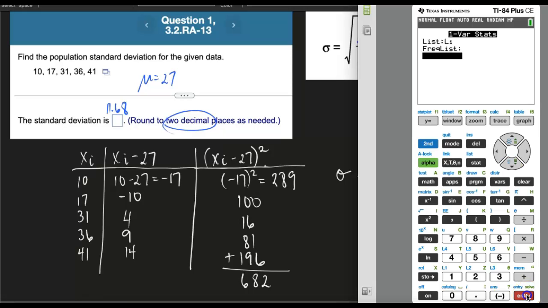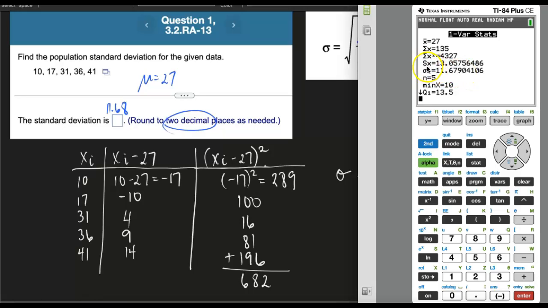So I'm just going to come down to Calculate, press Enter, and I have a lot of information. But you can see that sigma, the population standard deviation, is right here. So you can find it fairly quickly, and even with a longer list with accuracy, just by using your calculator.